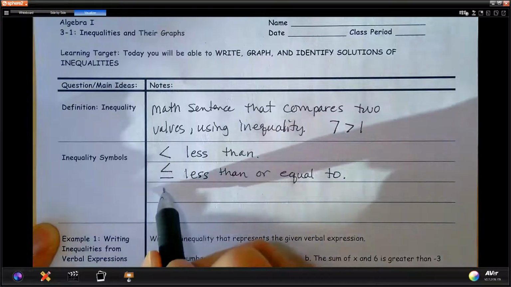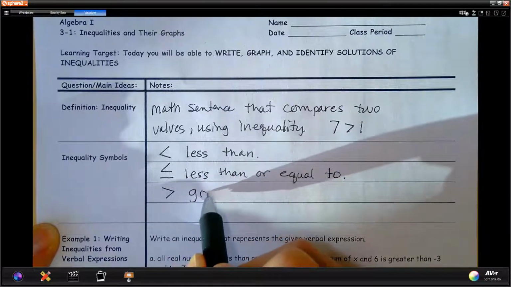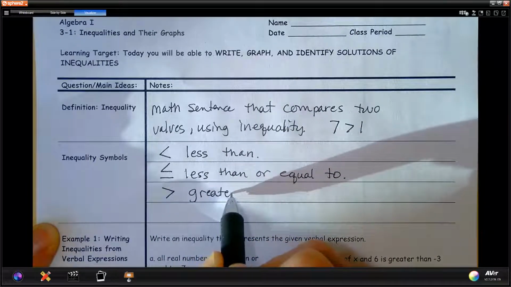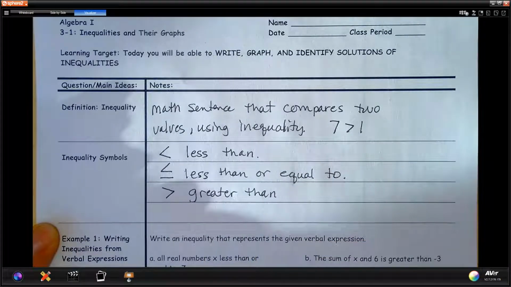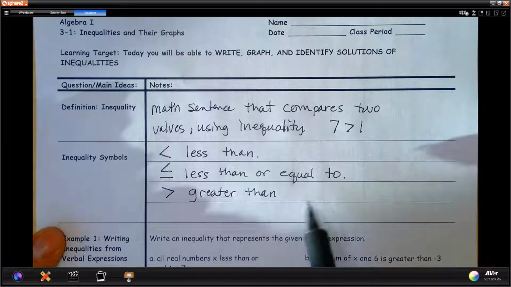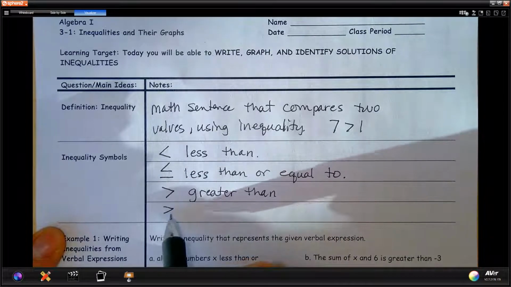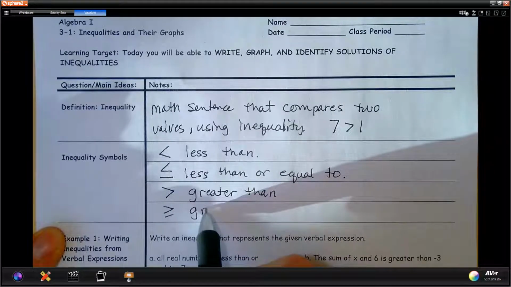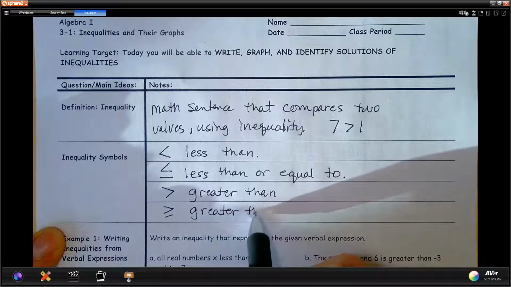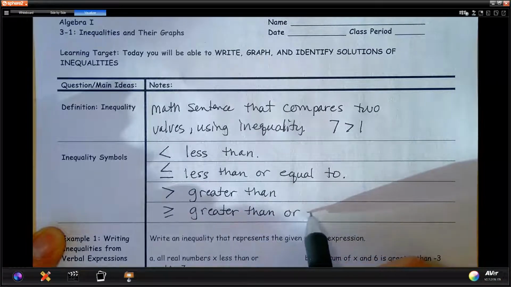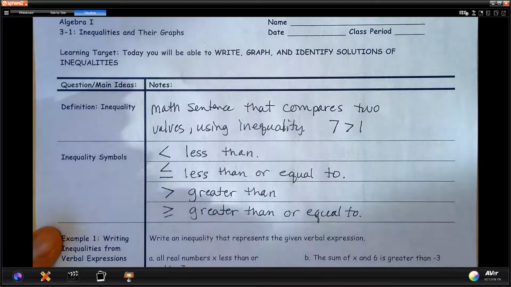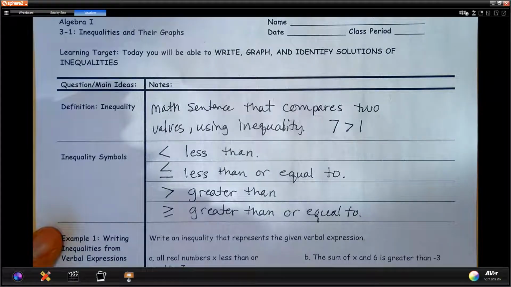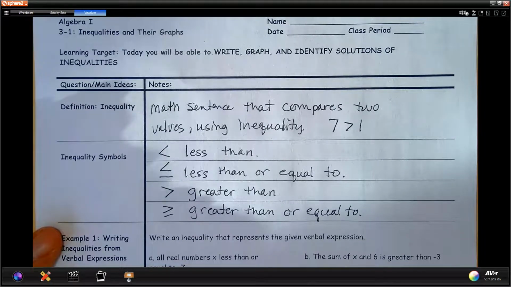If I flip this over, it becomes the greater than symbol. And just like the other one, if I add the little line at the bottom, it's greater than or equal to. Again, I know I'm going kind of fast, so if you're not keeping up, pause the video and you can catch up.